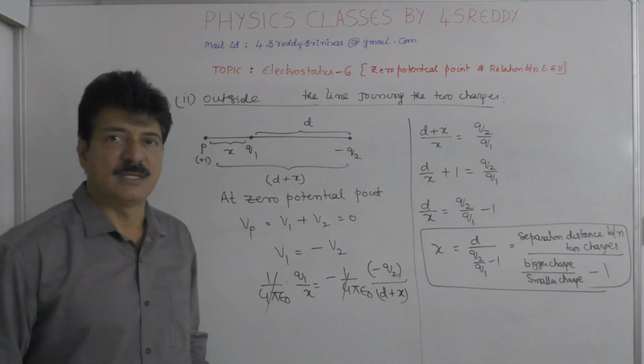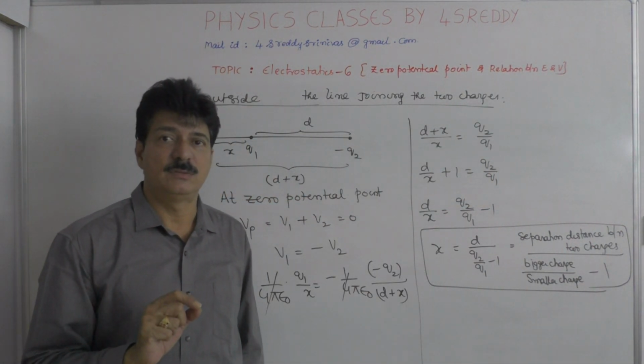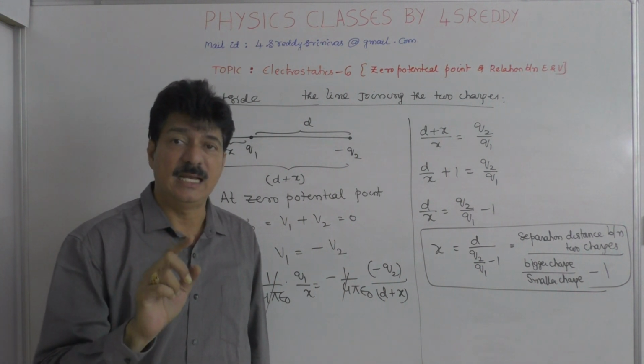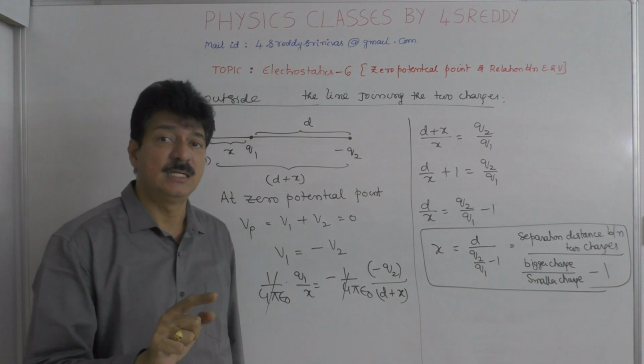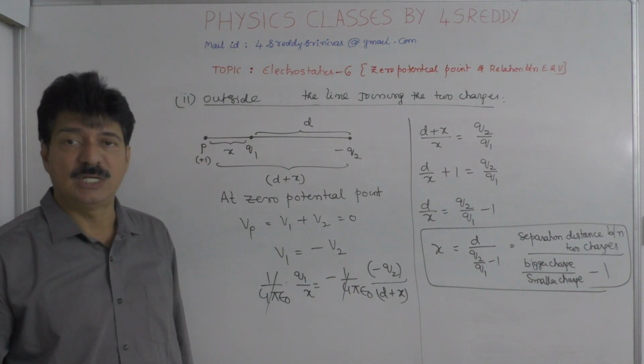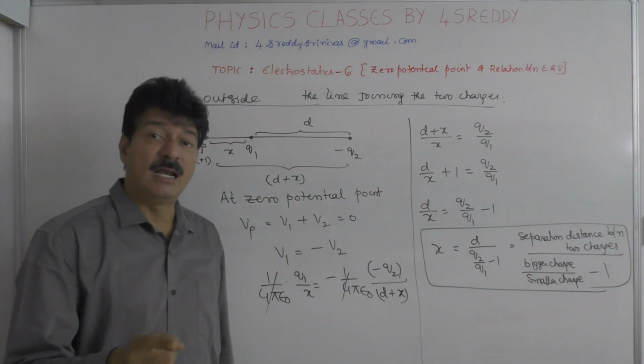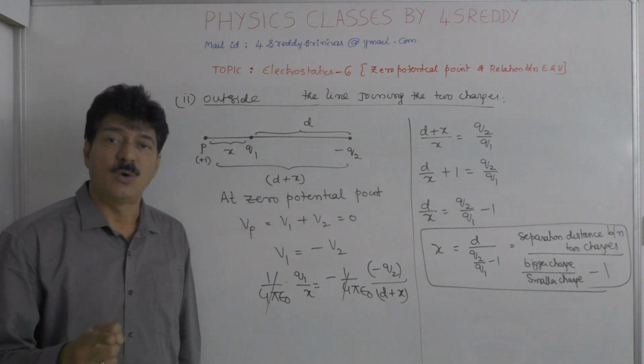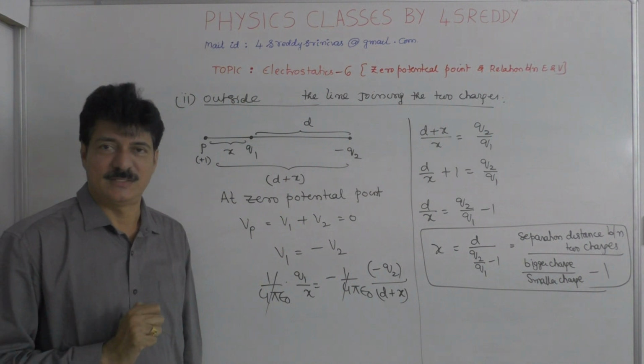So these are the two cases. In case of electric null point, for like charges, the electric null point will be located in between the line joining the two charges. And for unlike charges, the electric null point will be located outside the line joining the two charges.